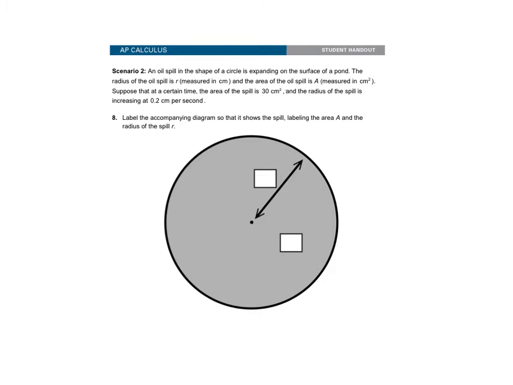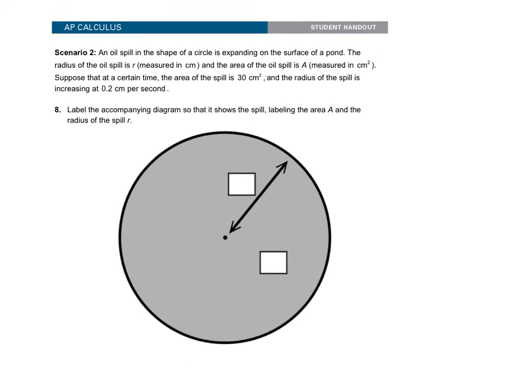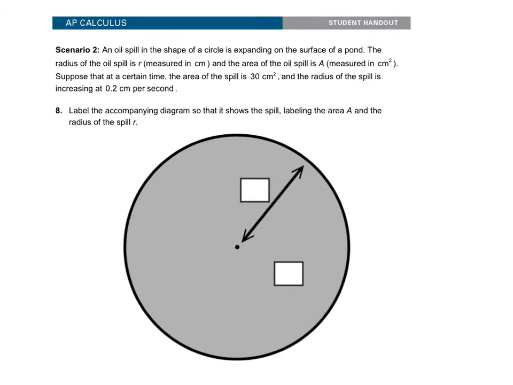Label the diagram so that it shows the spill, labeling the area A and the radius R. They're getting you used to the idea that almost every problem you'll be drawing or given pictures, and you'll have to label them each time.